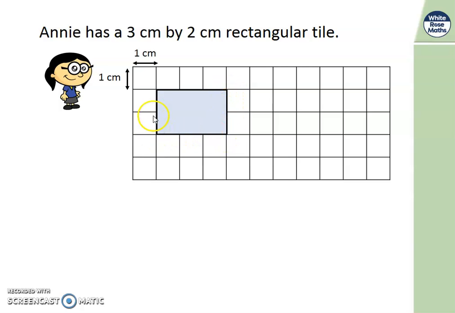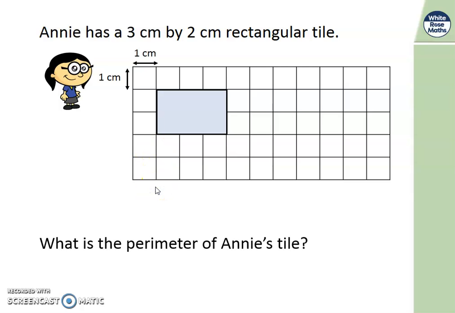That is 3 and that is 2. What is the perimeter of Annie's tile? Pause the video while you work it out. 3 add 3 is 6, 2 add 2 is 4, and 6 add 4 is 10. So the perimeter of Annie's tile is 10 centimetres.